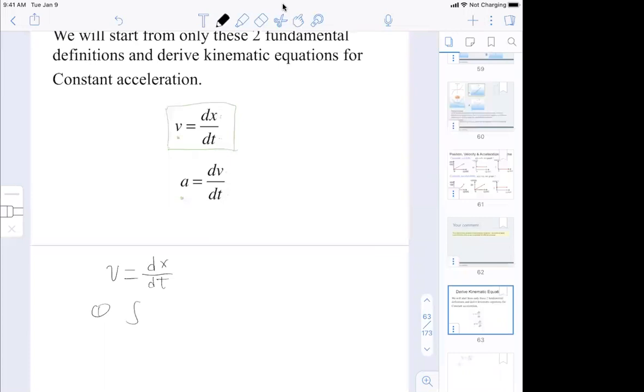I'm sorry, actually, I'm going to work on this one, not this one. I missed it. I'm going to start with a equals dv over dt. And I'm working with a constant acceleration type of motion.